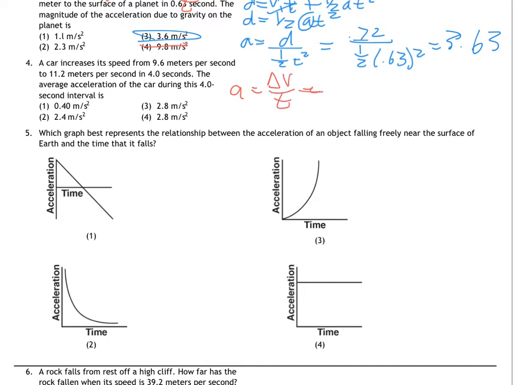And the change in v is going to be 11.2 minus 9.6. What's our Vi and our Vf? And the time is 4. And you'll get 0.4 meters per second squared.